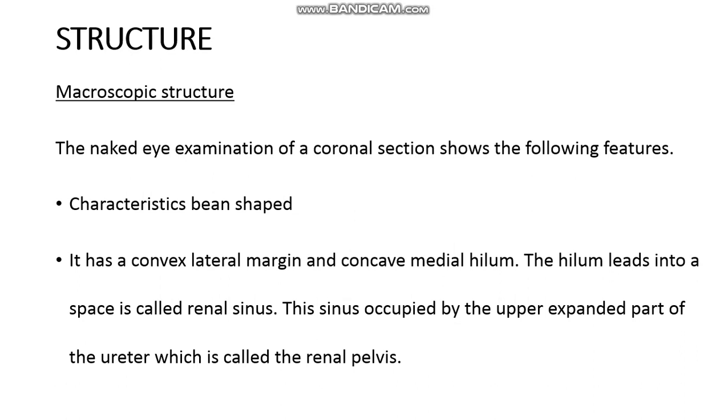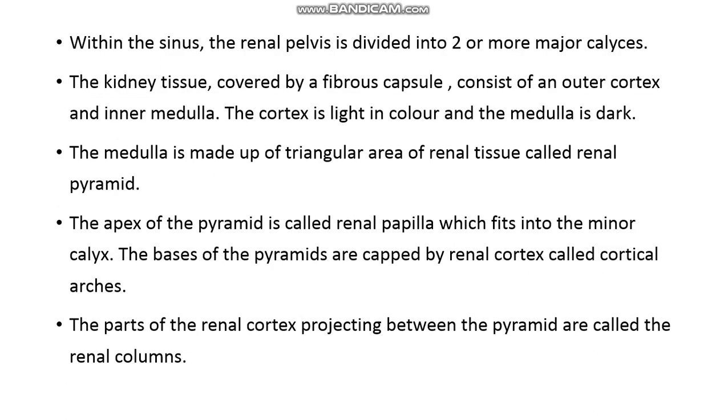This sinus is occupied by the upper expanded part of the ureter, which is called the renal pelvis. So from the sinus the ureter begins. The upper part of the ureter lies within the renal sinus, and that expanded part of the ureter is known as the renal pelvis.